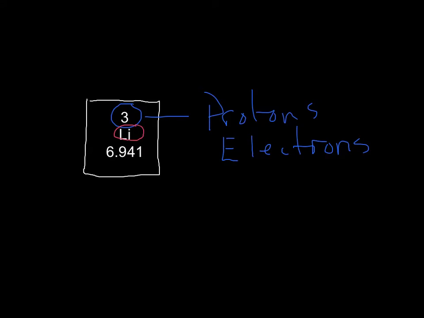If it's 2 letters, the second letter is always lowercase. And then we have the atomic mass. Remember, to get the number of neutrons, we round the atomic mass to the nearest whole number. We subtract the atomic number, and that will give us the number of neutrons for the element.